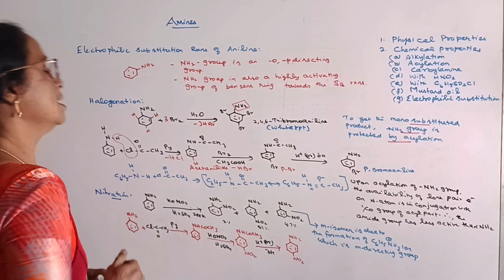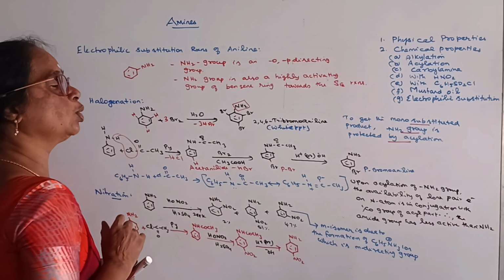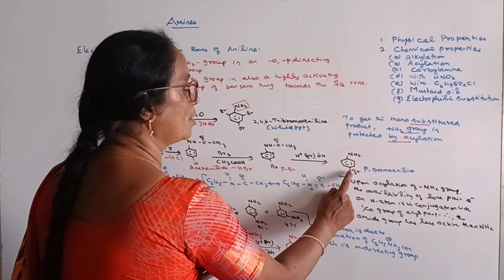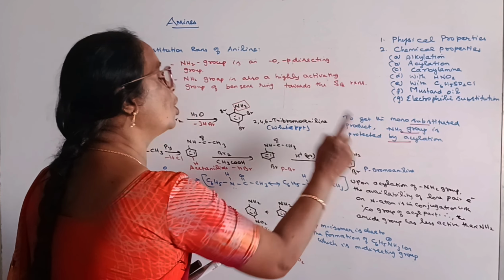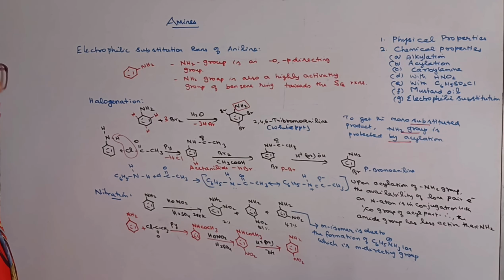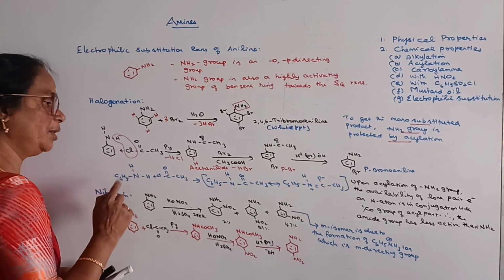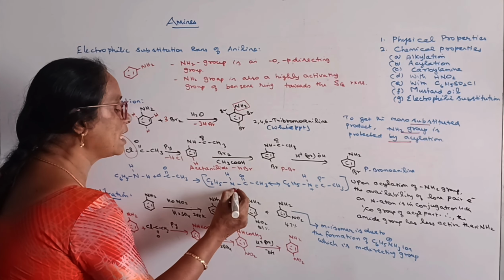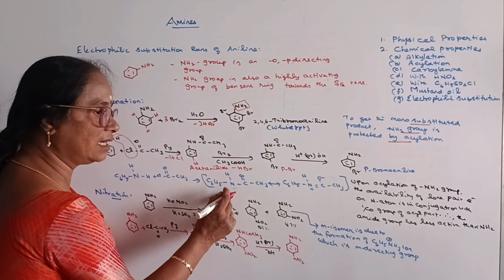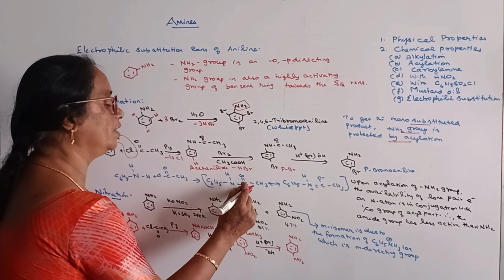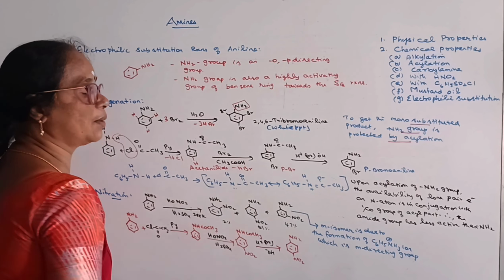Okay, how does this protection of the amino group lead to the formation of monobromo substituted aniline? After the acylation of the amino group, the lone pair of electrons on the nitrogen atom gets in conjugation with the oxygen atom of the carbonyl group.